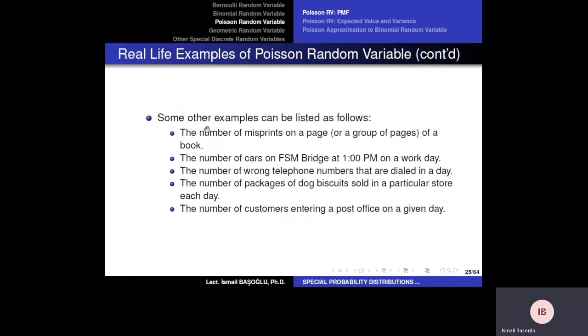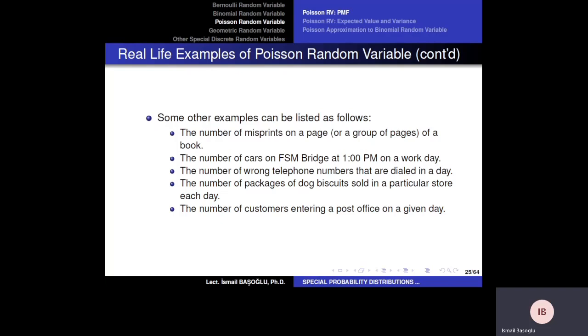So let's give other examples. The number of misprints on a page of a book. You can select a page of a book, and potentially there can be a misprint at every letter. And in any page of a book, there may be a very, very large number of letters written, okay? However, having a misprint in one of the letters is a very small probability.